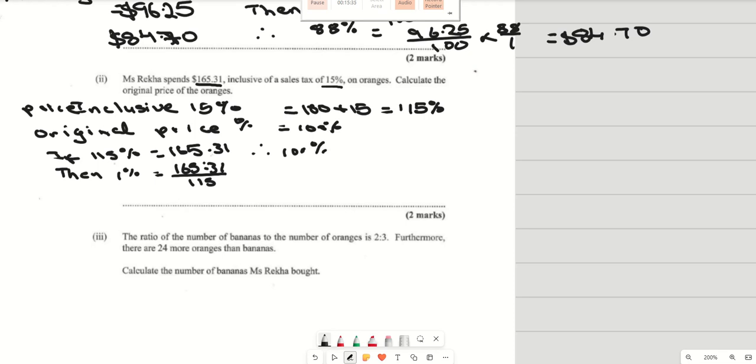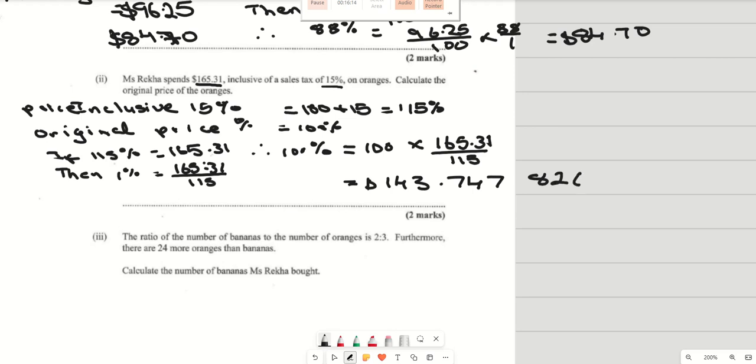Now, if 1% is 165.31 divided by 115, therefore 100% would be equal to 100 multiplied by 165.31 over 115. And when you multiply that, you are going to get an answer of 143.7478261.